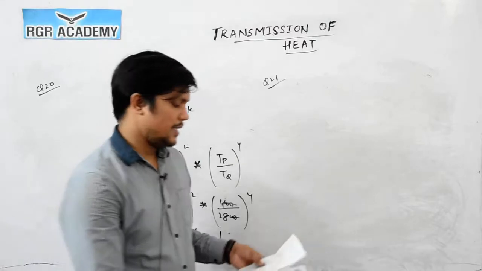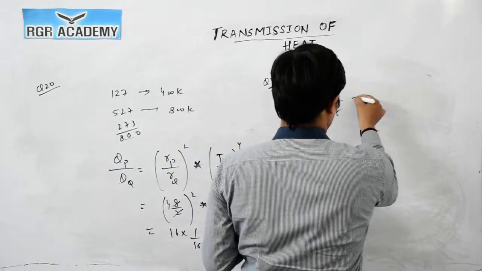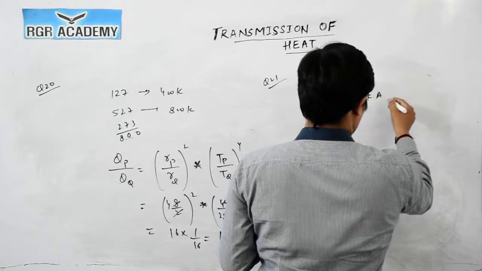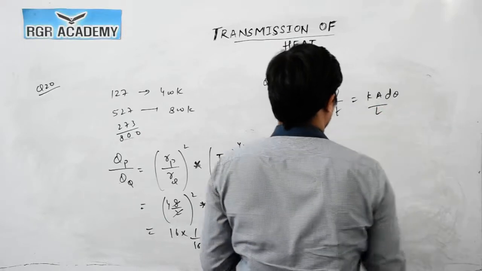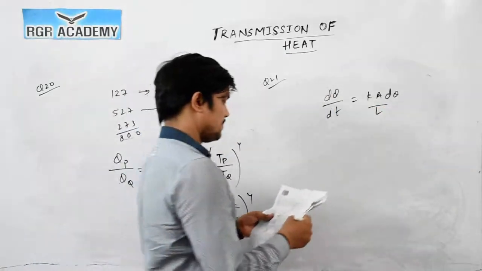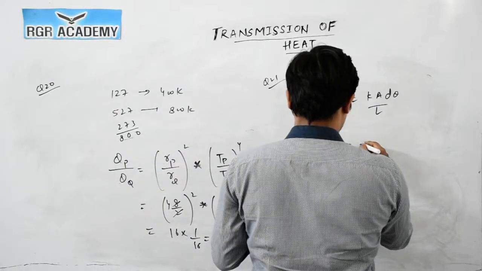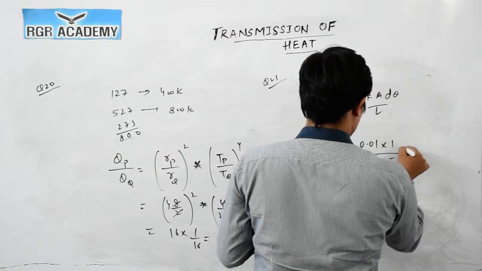Okay, so dq by dt we know that it is K A d theta, that is change in temperature, divided by length L. Now we will put the values: K is 0.01, area 1, divided by 0.05 into 30.